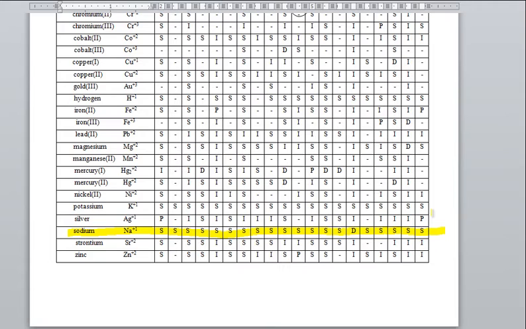And in general, group 1 cations don't form precipitates. And if you went looking at potassium and went across, you'd see a lot of S's with it too. We could go down from bromide, but we already know sodium's soluble. So the sodium and the bromide soluble, meaning on the chemical reaction, as far as a phase label, we're going to label it AQ.